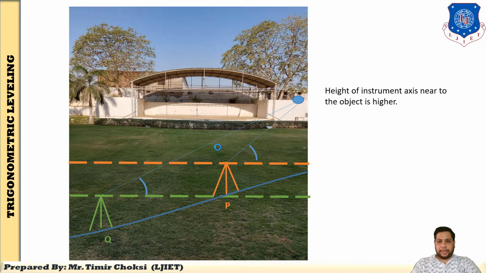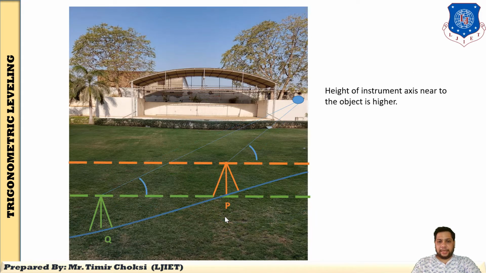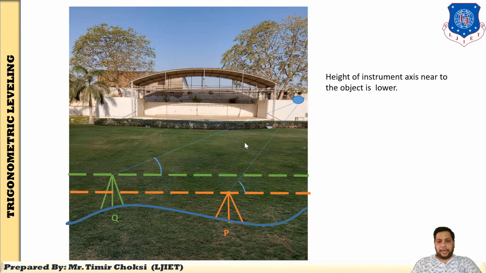Now similarly, case B. For a different field condition, this is our object, P is the instrument and Q is the instrument. P is near to the object, but P is on the higher side compared to Q. Here in case A, P is on the lower side, but in the second case P is on the higher side.